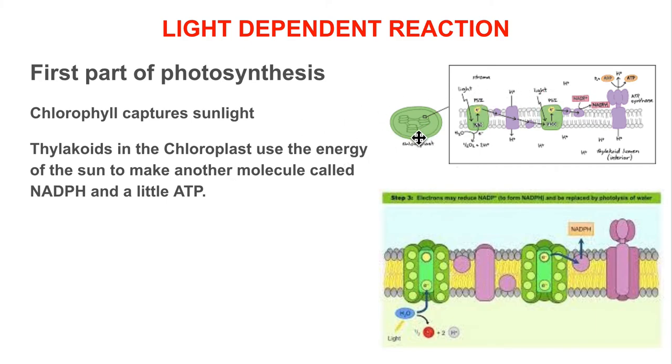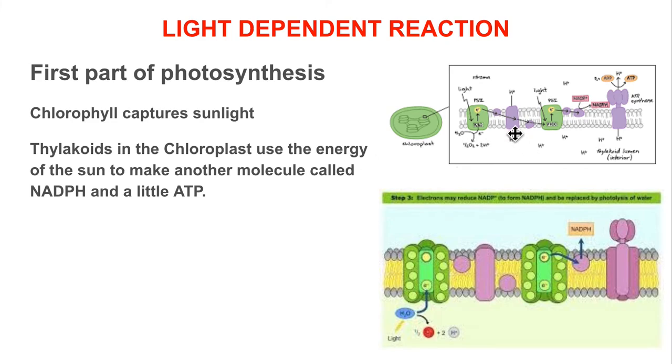And there's a part in here called a thylakoid, which is going to use that energy from the sunlight to make some molecules called NADPH and also a little bit of ATP. That's what you've got to understand here.